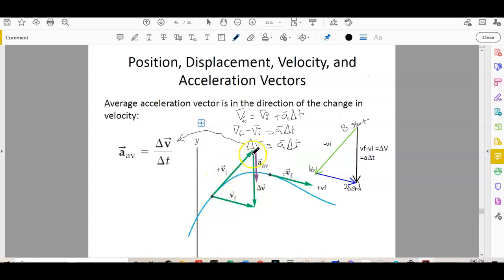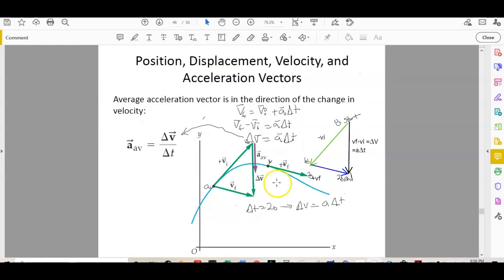And so by reversing that initial velocity vector, which is what we did right here, and then adding that reversed initial velocity vector to the final velocity vector, what we get here is a change in the velocity vector, which is delta v, which is actually the acceleration vector as well. Because v final minus v initial is equal to delta v, and delta v is equal to acceleration times delta t. So essentially that's what we're going to do.